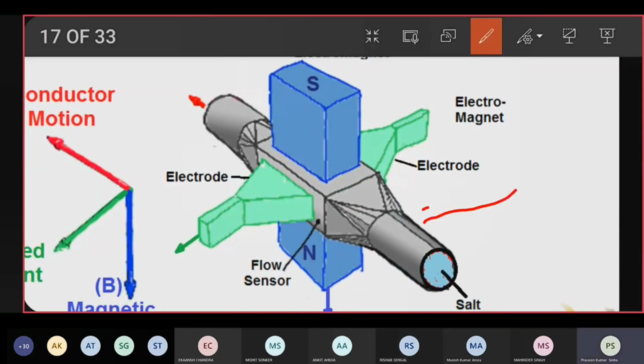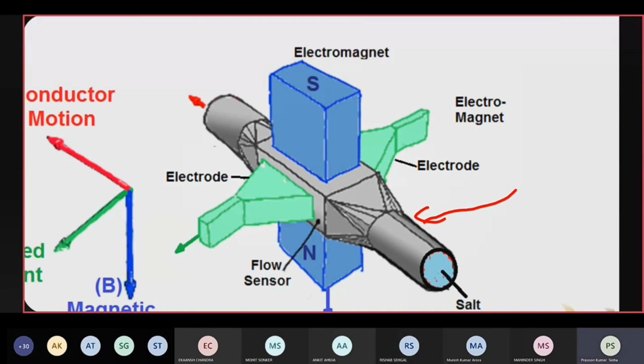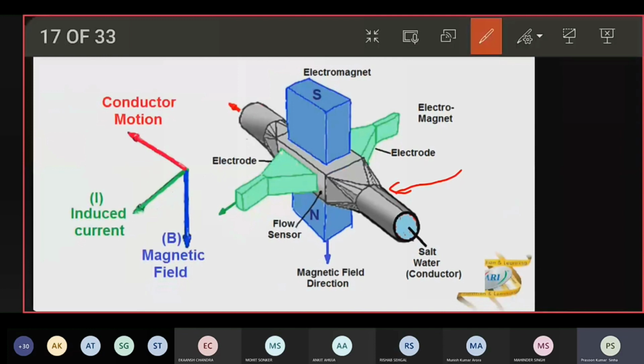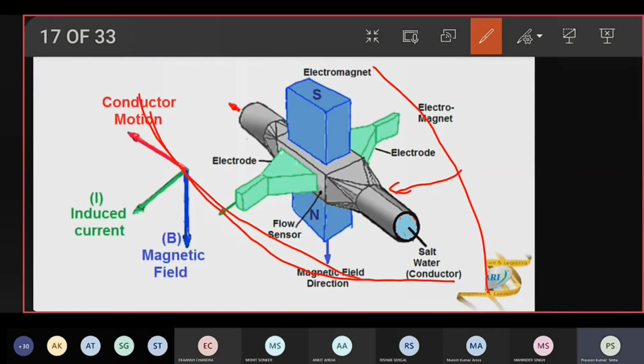This one, the gray, is a non-metallic, non-conducting kind of tube. Hollow tube through which the salt water can pass. It is installed along the length of the ship, fore and aft line पे aligned होता है.